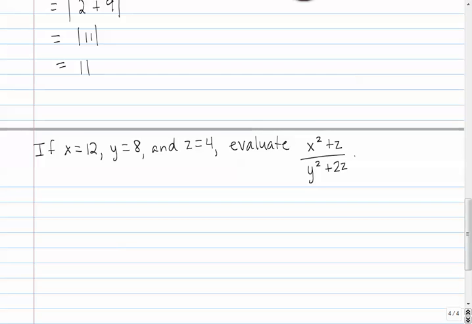So we're going to substitute in our values for x, y, and z. So we'll have 12 squared plus 4 all over 8 squared plus 2 times 4.